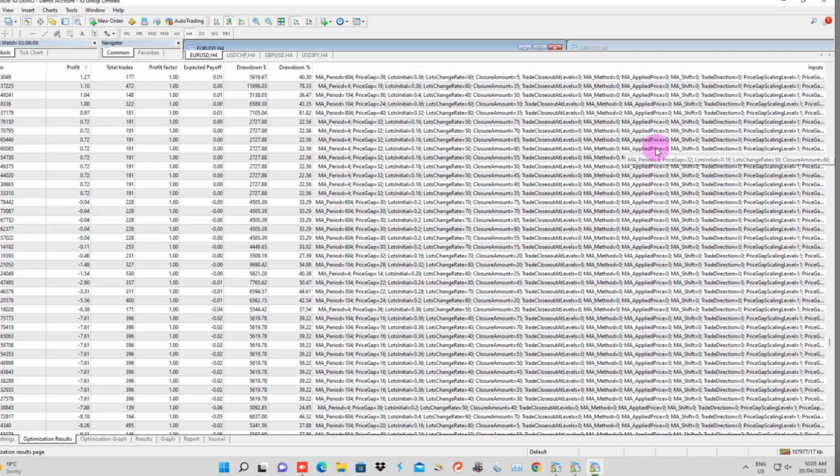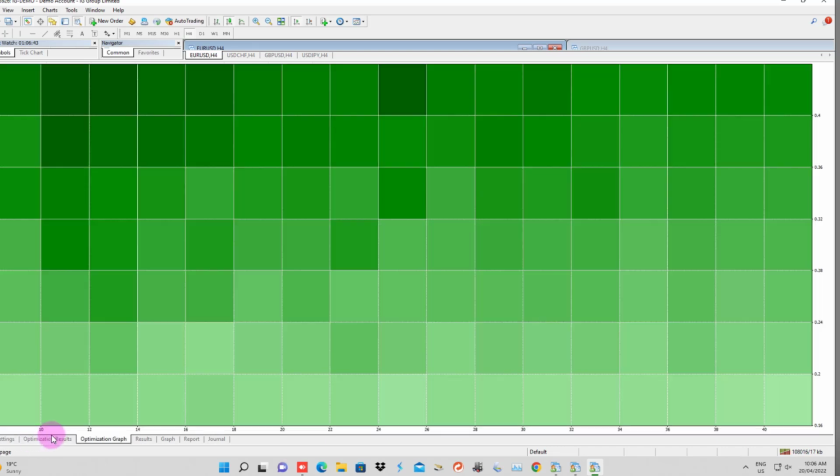Now that's a very nice thing to know, and it's very easy, and you'll see when I go onto this tool that we're using, it's very easy to eliminate those negative ones or reduce them to a manageable amount. So what we're saying is that this robot is actually very robust. It has a high success rate, and it has an acceptable drawdown level.